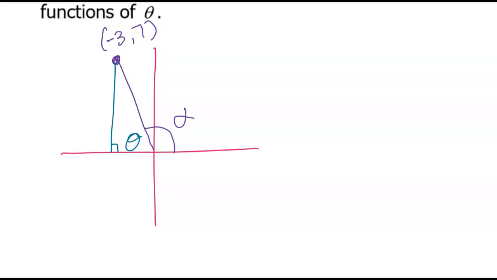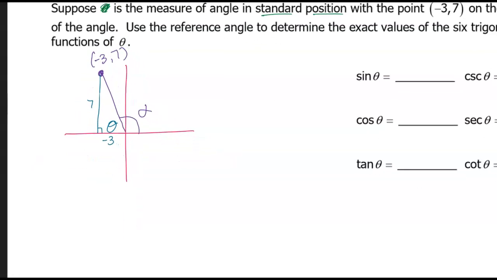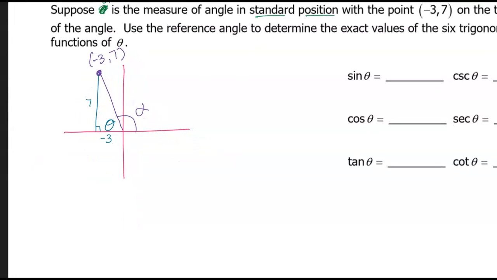The point gives you the side lengths, right? -3,7 means that the bottom length on that triangle is how much? -3. And the 7 means that the side length is how much? But because we're trying to find all of the 6 trig ratios, which I hate, we really don't need to do this because we already have 2 side lengths, but because we're trying to find all 6, guess what we have to solve for?